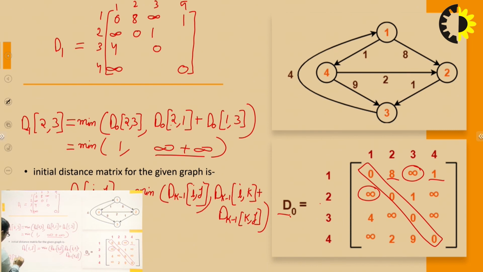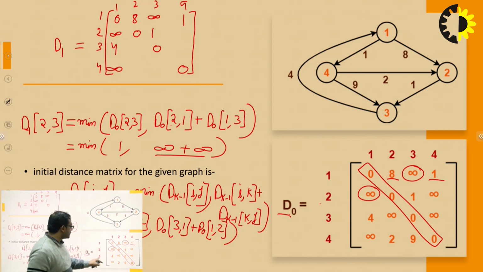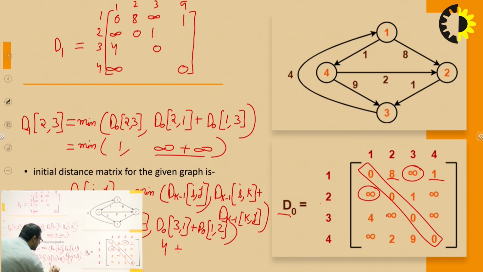So D1 3,2 is equal to minimum of D0 3,2, comma, D0 3,1 plus D0 1,2. D0 3,2 is infinity, comma, 3,1 is 4, plus 1,2, which is 8.